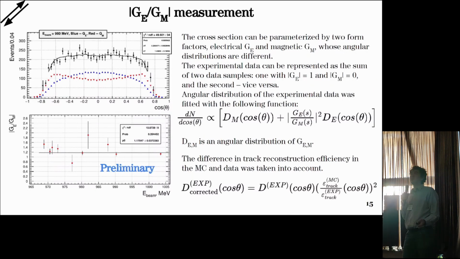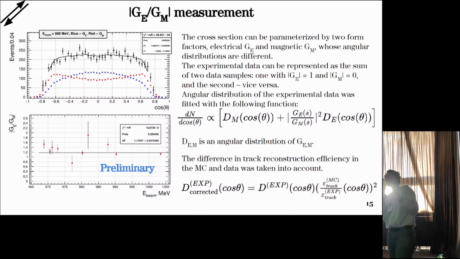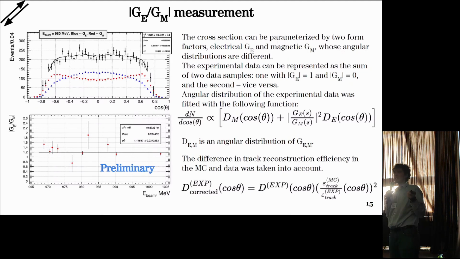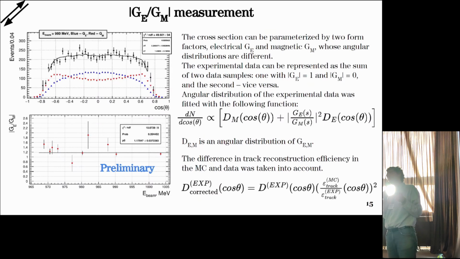For that reason, we fitted experimental angular distributions with angular distributions from Monte Carlo simulations. We obtained a distribution for the so-called GE sample, a sample with non-zero electric form factor and zero magnetic form factor, and it is these blue dots. And we obtained a sample with non-zero GM form factor, red dots. It's vice versa.